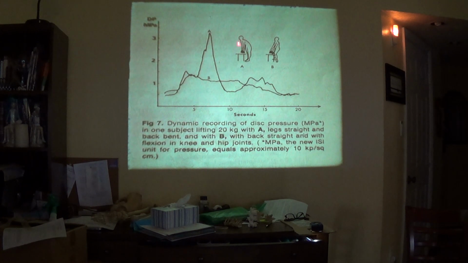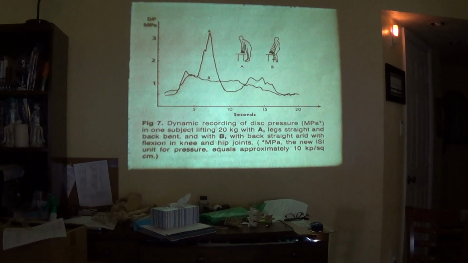If you lift in a flexed position, here's the interdiscal pressure. If you lift in an extended position, here's the interdiscal pressure. So you have significantly less interdiscal pressure during this kind of lifting than you do in this kind of lifting.